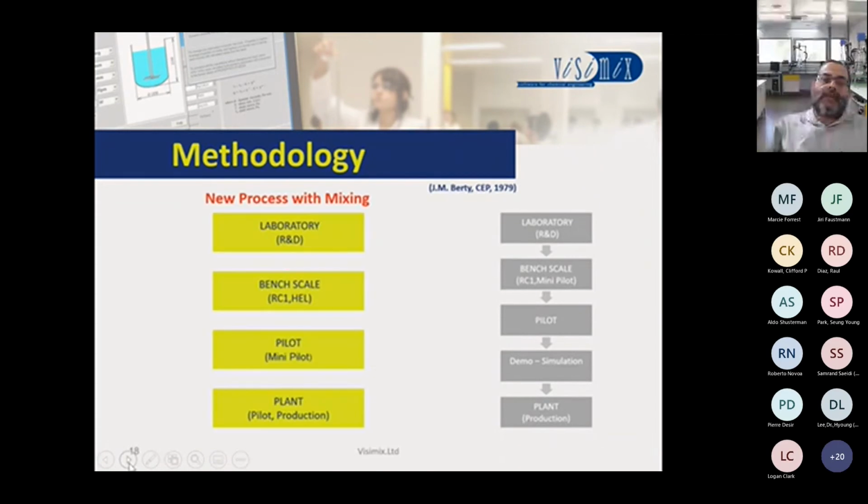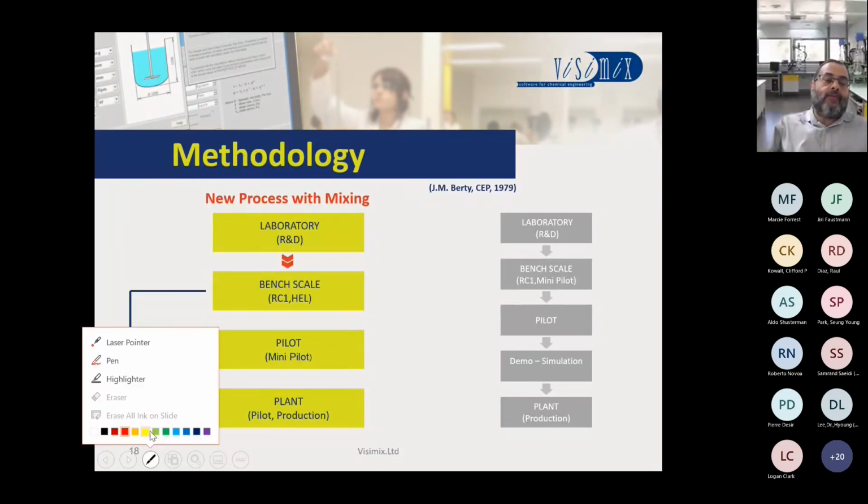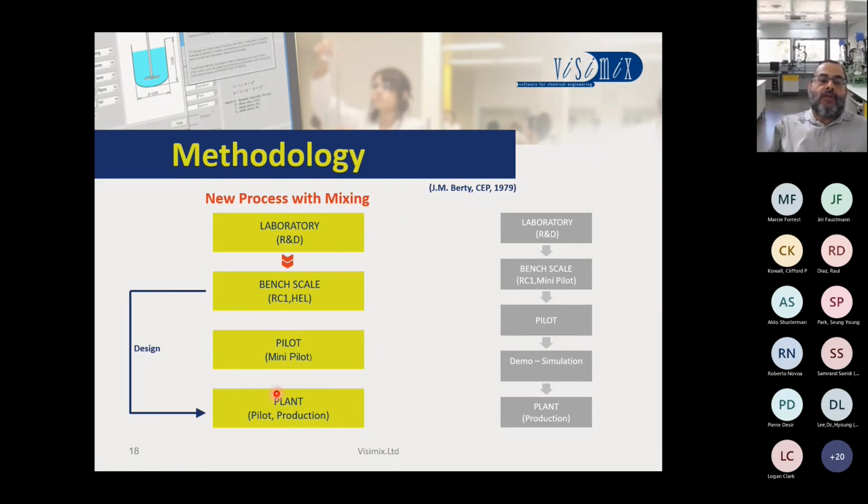So the methodology, as I explain many times, is to understand what happened in the lab or in the other equipment, calculate with the software what will be the mixing parameters that we will be able to generate there, and after that implement it in the lab or on the other equipment, or combine between them to understand how far we are between them.